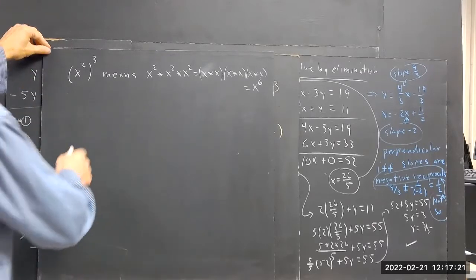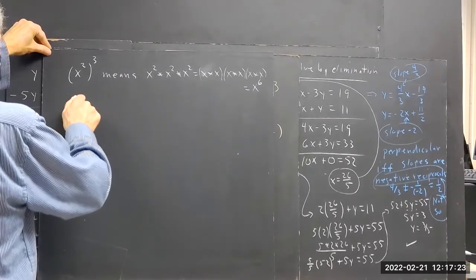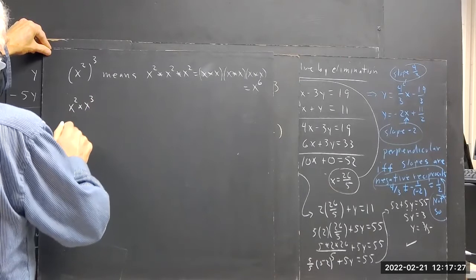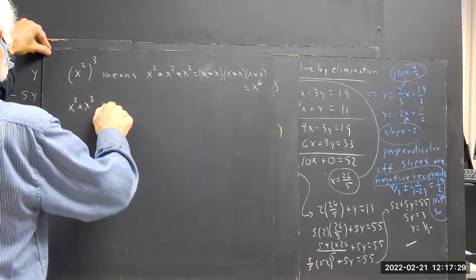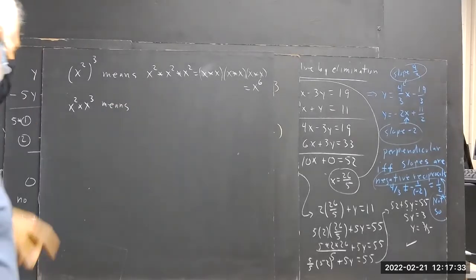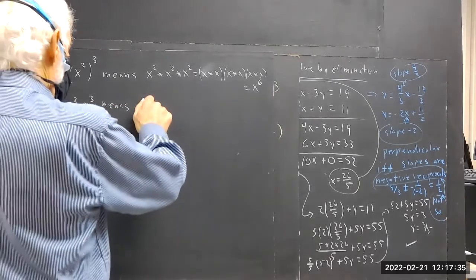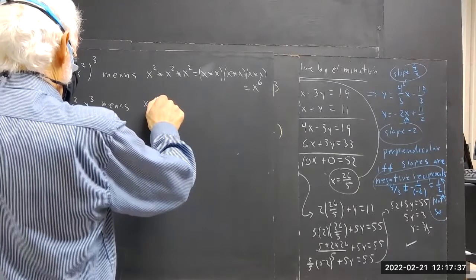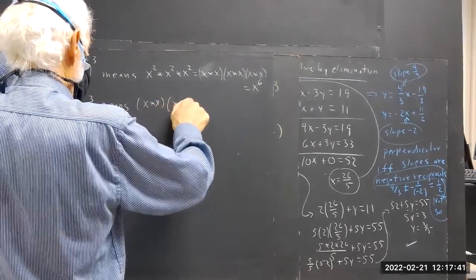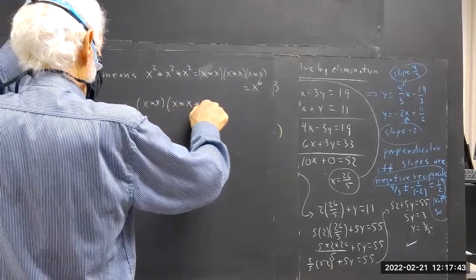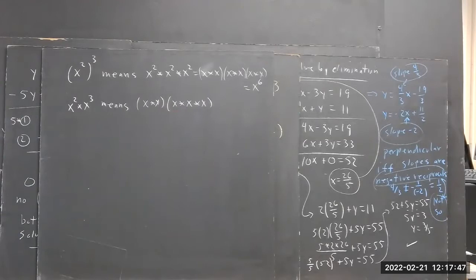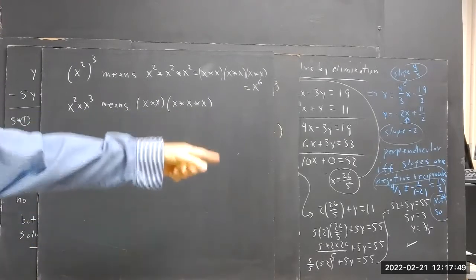Now, this is confusing because there's another law that says x squared times x cubed means what? So that means x times x multiplied by x times x times x. Now, how many x's have I got? 5, right?